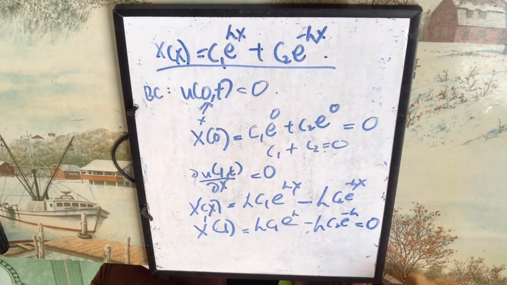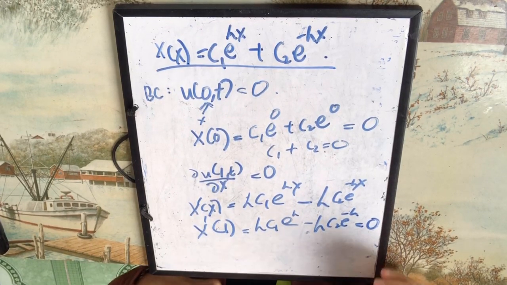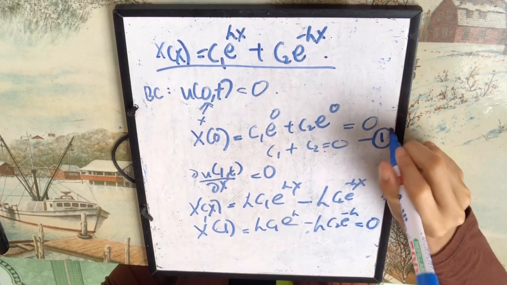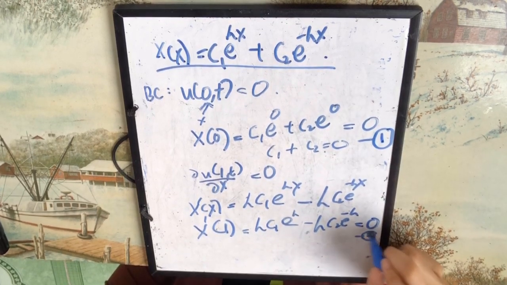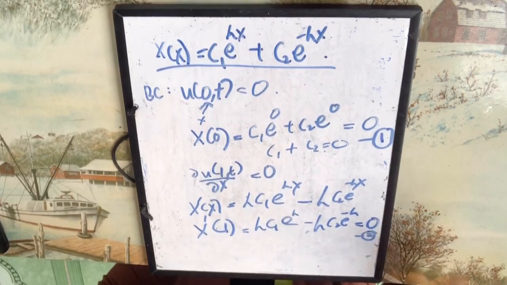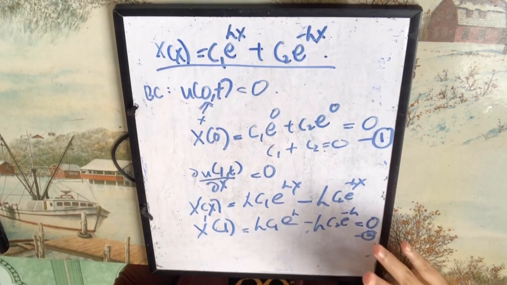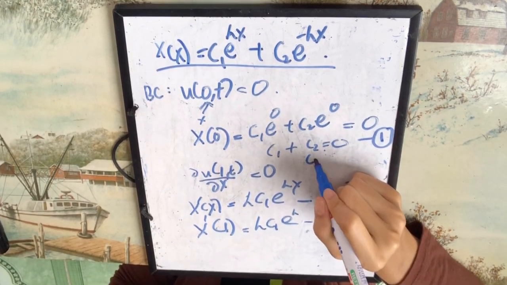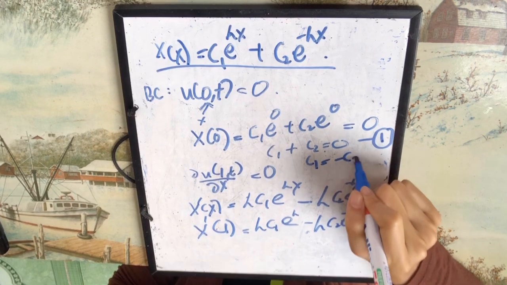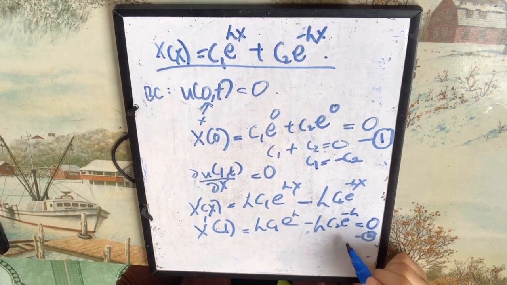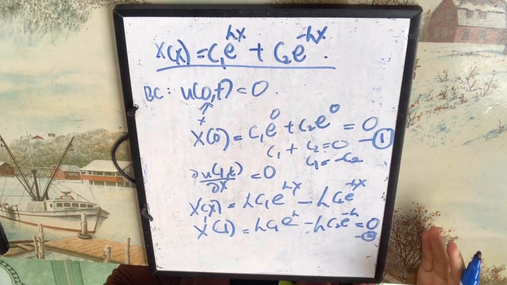Like I said, we use the BC to find the values of C1 and C2. You already have the first equation here, and this is the second equation. You can use substitution or simultaneous equations, but the simplest one is substitution. So you let C1 equal to negative C2. You substitute either one into equation number 2, so you will get your C1 or C2.